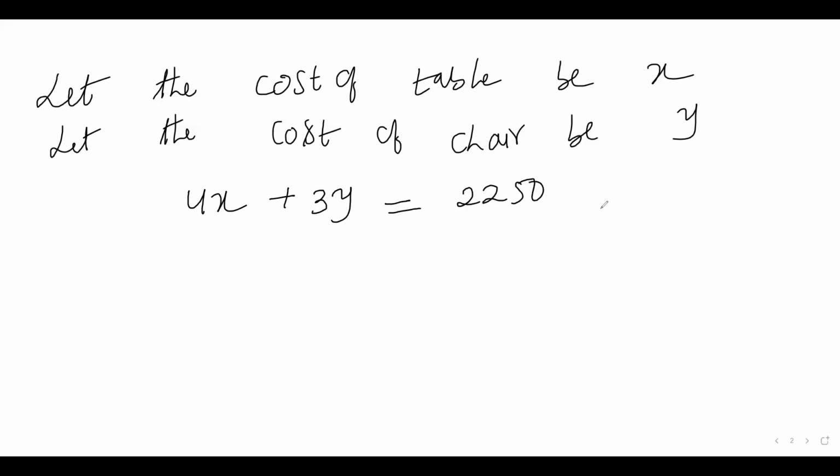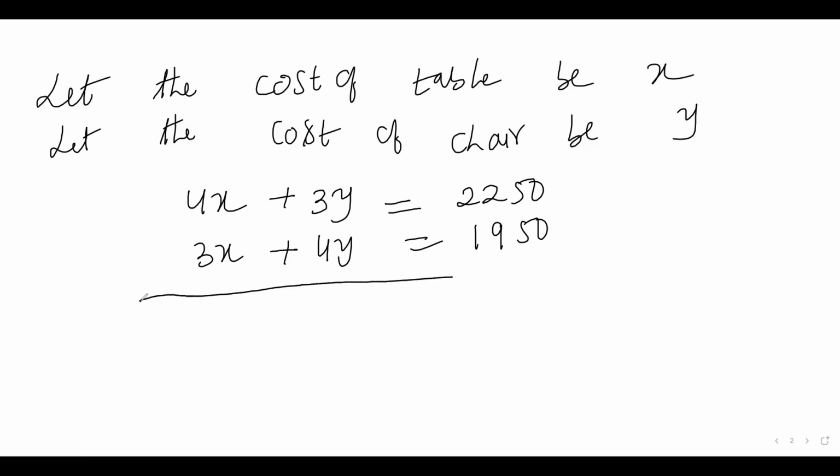First equation. The cost of 3 tables is 3x, the cost of 4 chairs is 4y, and the total cost is 1950. So I got a pair of linear equations. Now I will try to solve them.